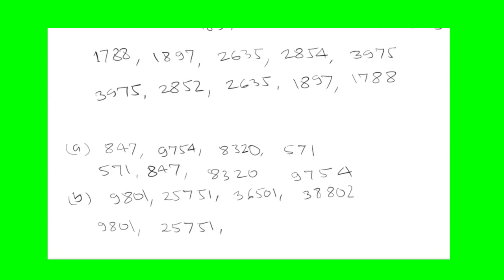There both have the 3. So at the 1,000 place, one is having 6 and the other is having 8. So we will be using 6 because we have to use the least out of these two. So 36,501 and the last number, the greatest one, will be 38,802.